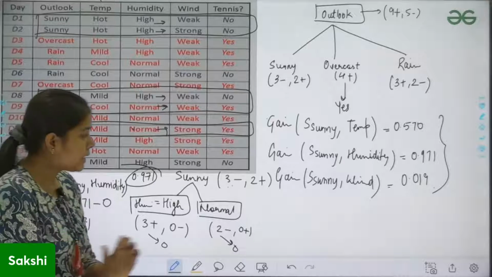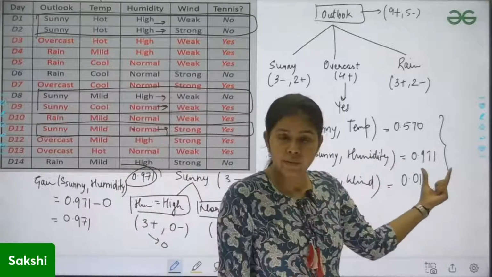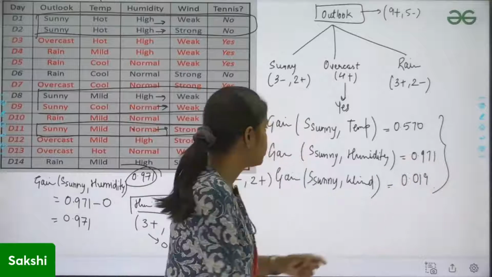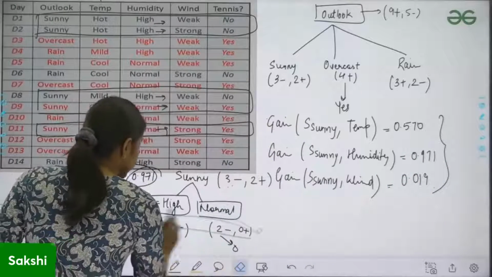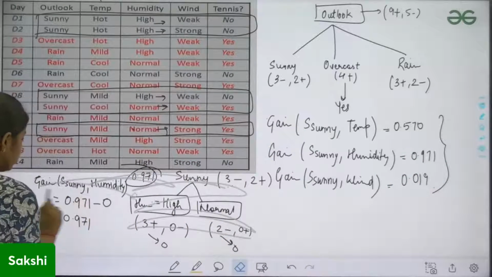Here you can see that the information gain is maximum for humidity, so I'm going to use that. Let me remove this, guys.